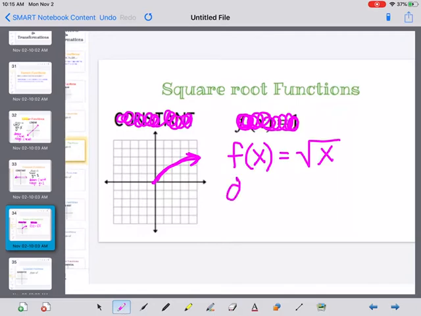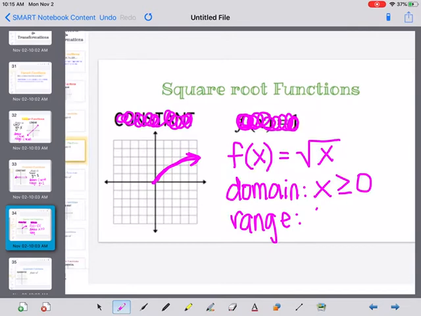So what is my domain here? Is it my x or my y? X. And where is x starting? At 0. So you notice your line started at 0. So it's going to be anything greater than or equal to 0. And what is my range? My range is my y value.